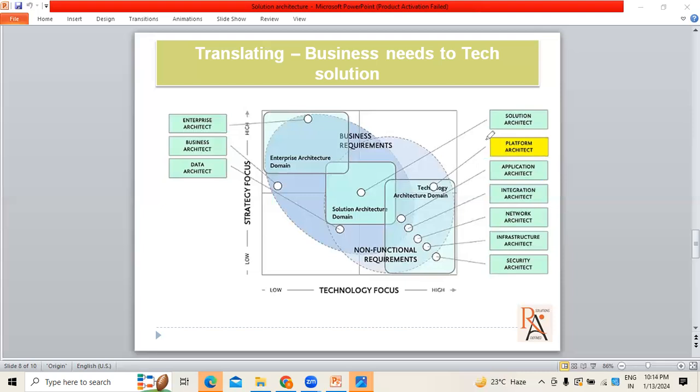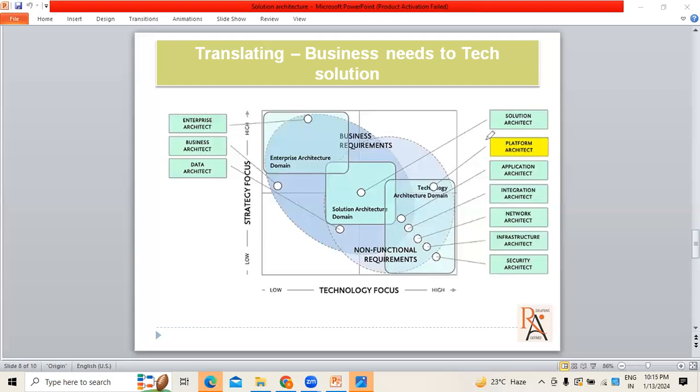Last time I also told you about solution roles: application solution architects are separate, platform solution architects are separate, infrastructure solution architects are separate. All these three are solution architects. An application solution architect is the one who develops the solution for a particular application, in the context of business logic, non-functional requirements, and so on.